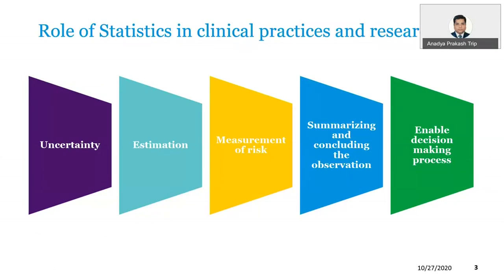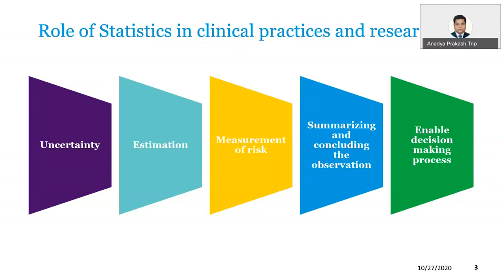All those things can be achieved through statistics. And then also, once we understand the summary, the data, its pattern, we understand the risk, benefit, we estimated the magnitude. We also know how much uncertainty is in our statement. This will enable us in the decision-making process. And finally, we have to take the decision and move ahead.